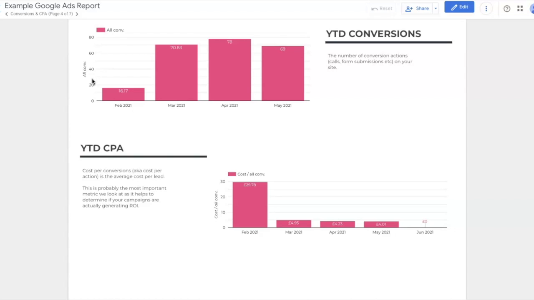Your conversion actions are counted usually by calls, form submissions, online booking, or if your e-commerce, purchases. If your website is e-commerce, we can get an exact spend versus product value, sale value figure for you.